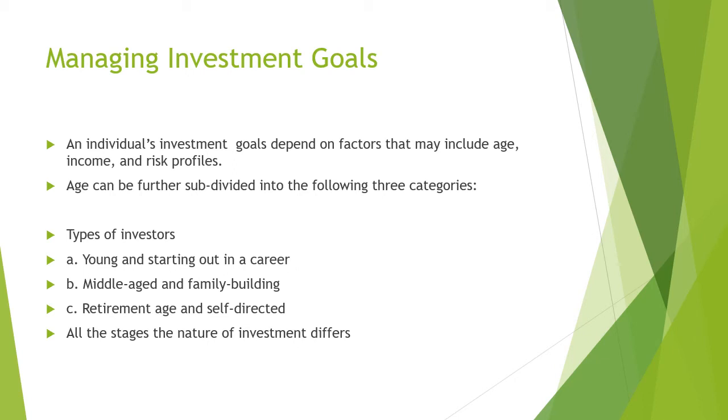Age-wise: young people starting out in a career, middle-aged and family-building people, and retirement-age and self-directed people. At all these stages, the nature of investment differs. The character, or the rationality, of people differs during various life cycles.